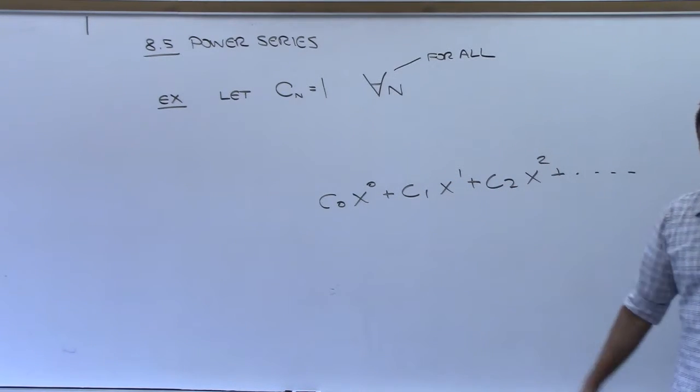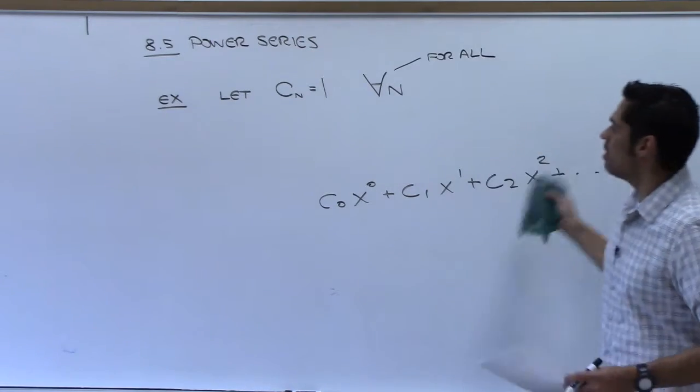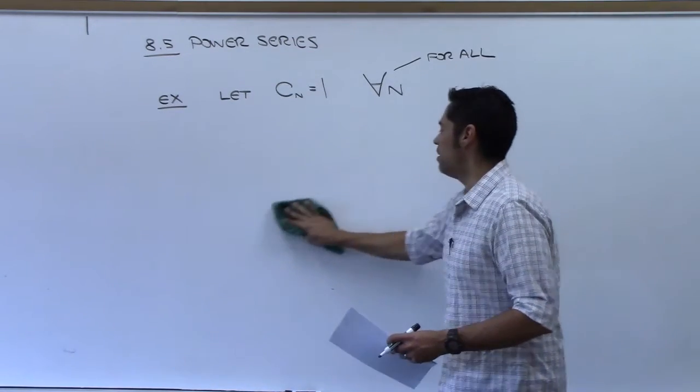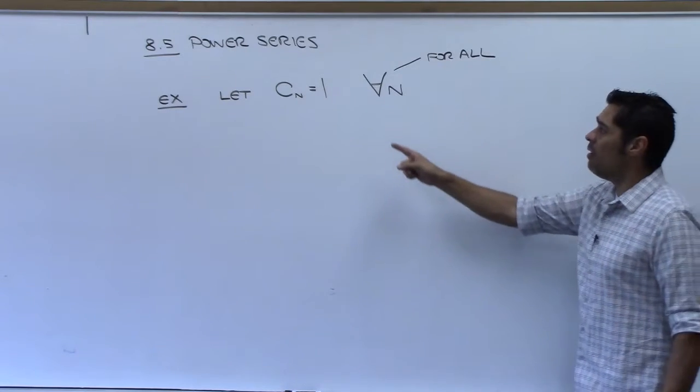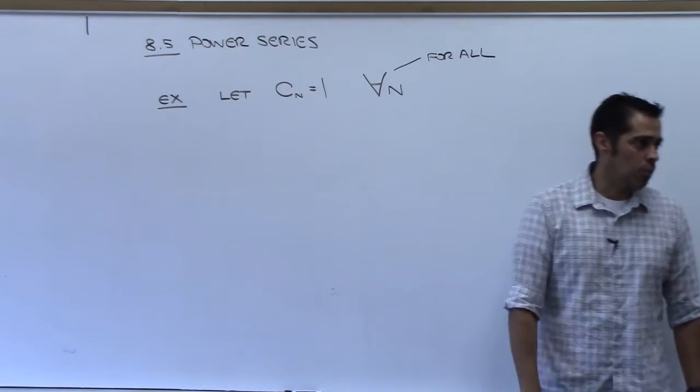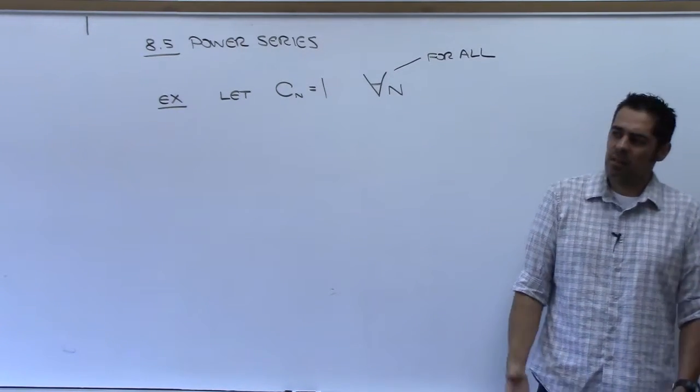That's the only thing that controls a power series, the number in front of each of the powers of x. So let's look at a very, very basic power series, where all the constants in front of the x's are 1s, always. So it doesn't change.